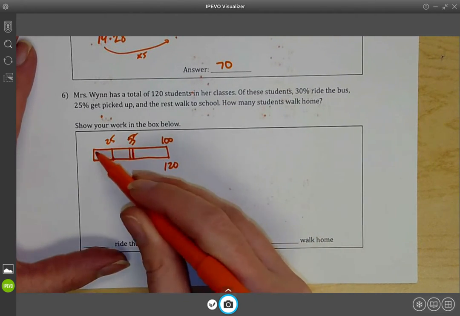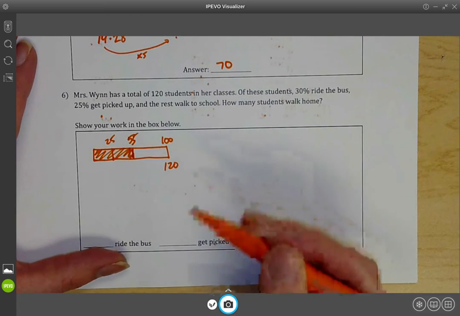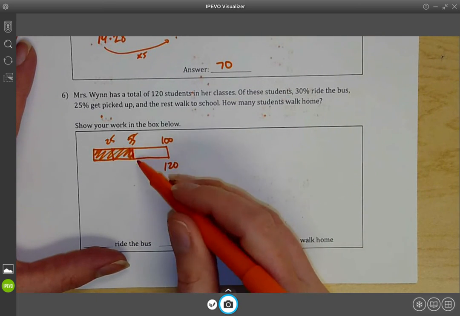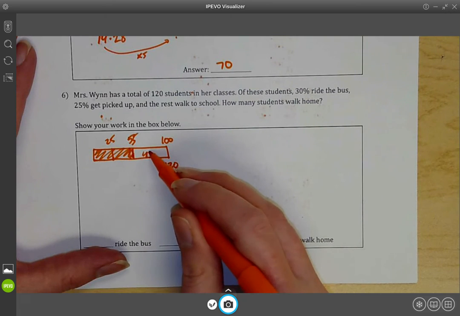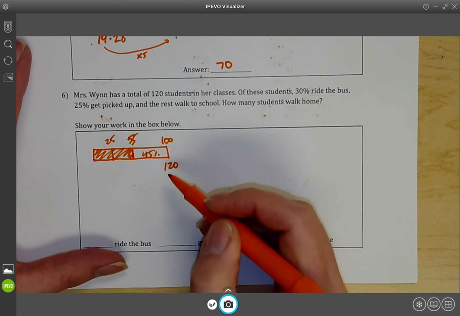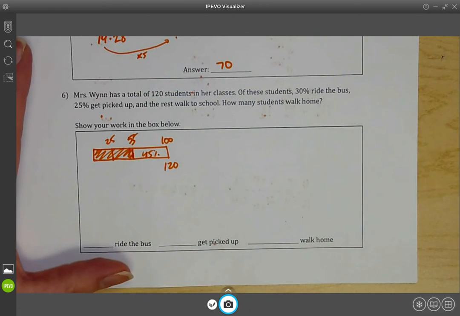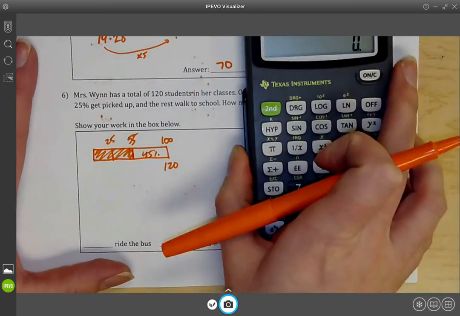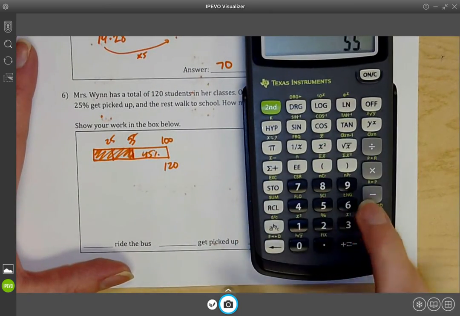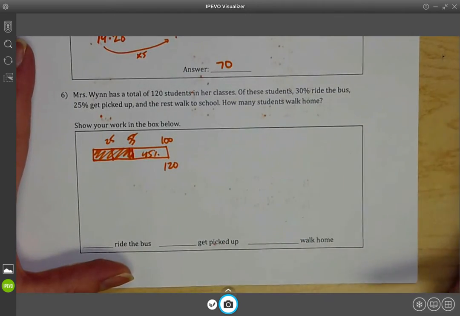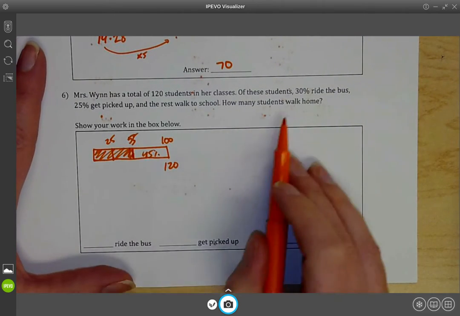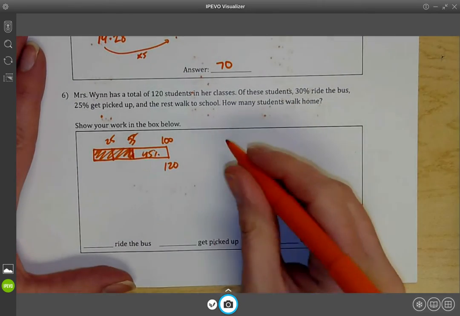So this much doesn't walk, and 45% of them walk home. 100 take away 55, 45. Okay. All right, so let's find the number of students that ride the bus.